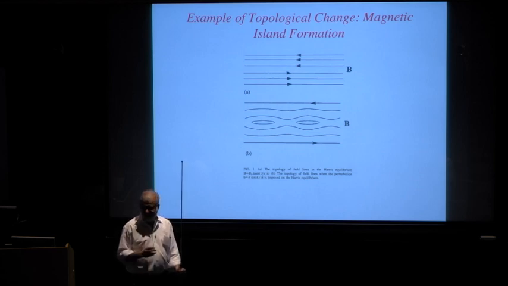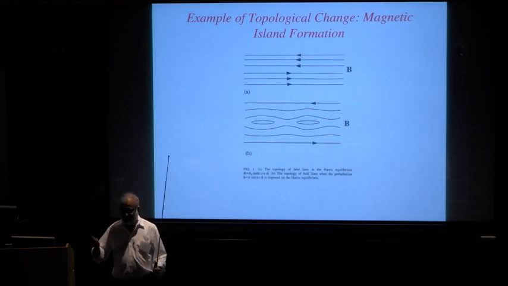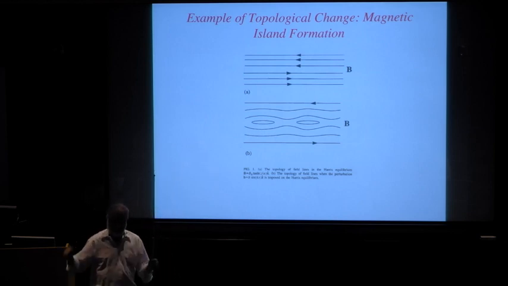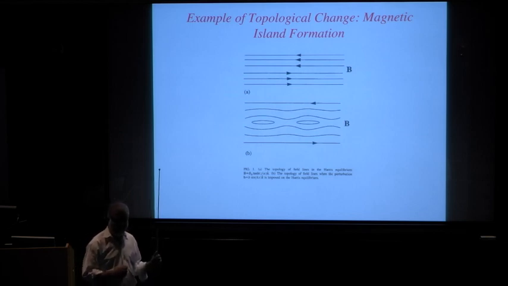The answer is no. So suppose you try to do a calculation where you put in a sinusoidal perturbation and you push the equations of MHD through to figure out how that perturbation evolves in time. And I did this exercise. It takes a few pages of algebra to do, just to prove to myself that ideal MHD really works.